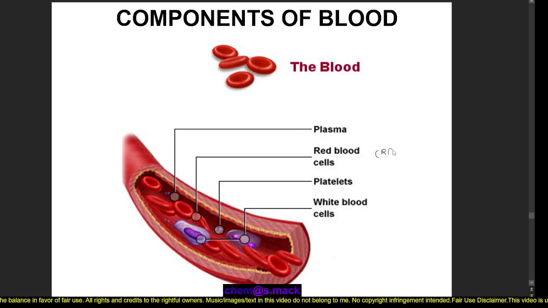Just as a shorthand, red blood cells. Blood also contains something called platelets. And last but not least, there's a component called white blood cells. Right, so we have four major components of blood. You're going to make sure and take down this note to tell me what are the four major components of blood.